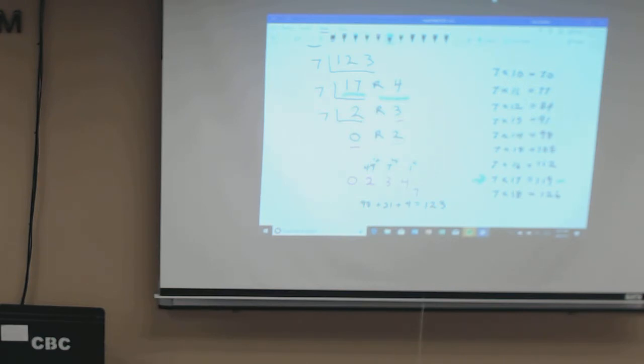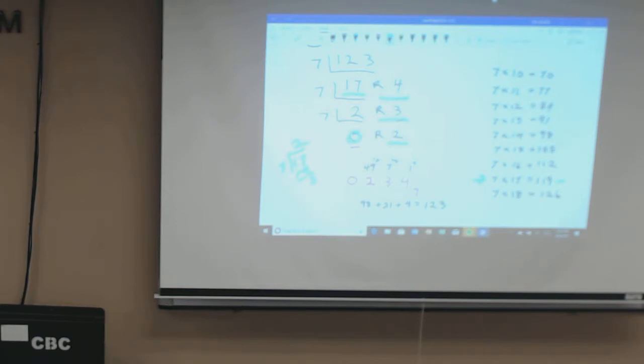And then what's 7 divided into 17? Remember, that's like 17 divided by 7. And if you need to take a piece of scratch paper and do this on the side, that's okay. And 2 7s is 14. 3. So it's 2, remainder 3. Everybody see that? And then I divide 2 by 7 and I get 0, remainder 2.